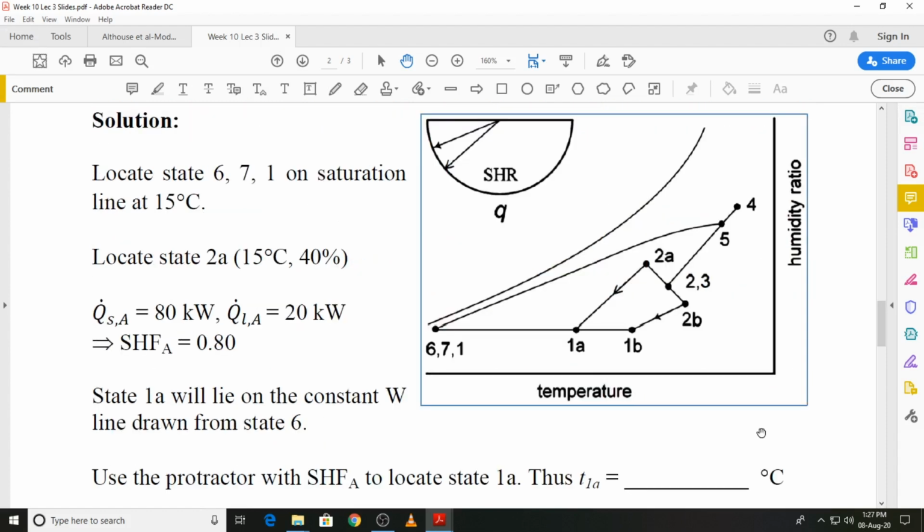You can see the schematic, the cyclic representation on the psychrometric diagram.